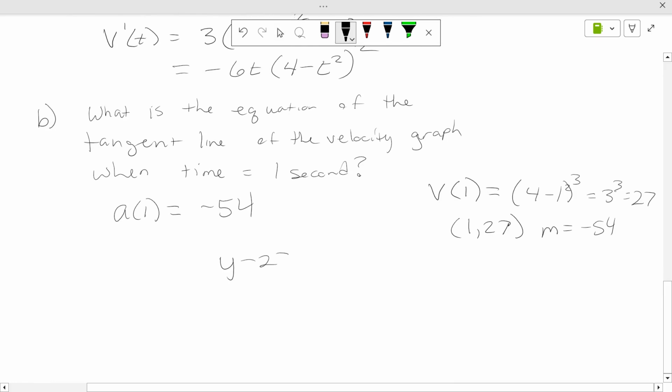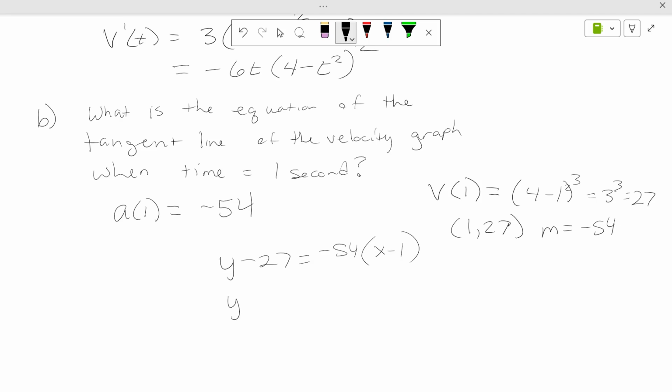Y minus 27 equals negative 54 times x minus 1. So y equals negative 54x plus 54 plus 27. Y equals negative 54x plus 81.